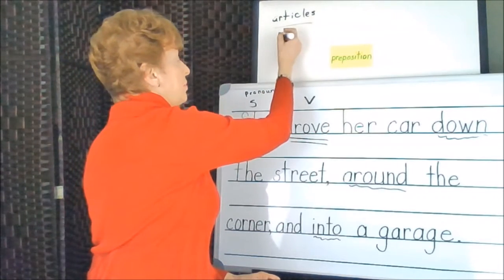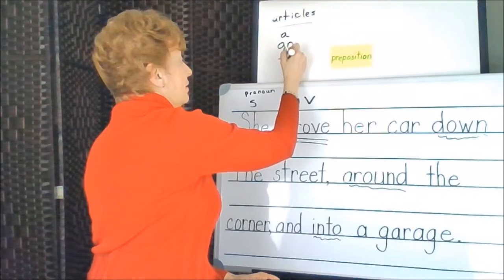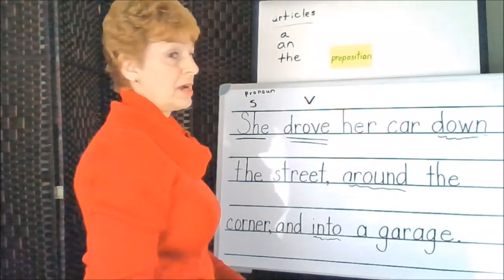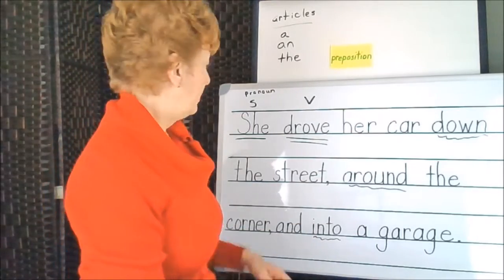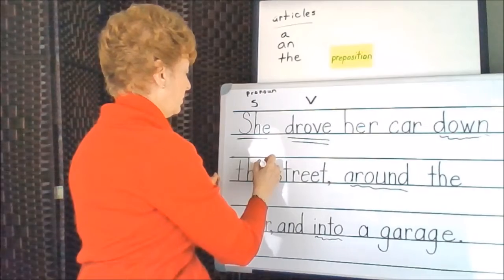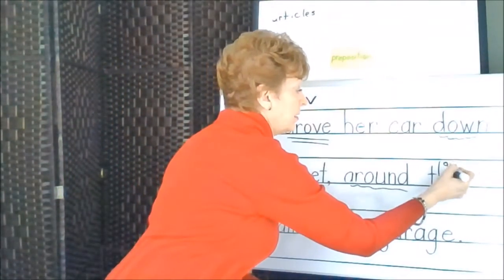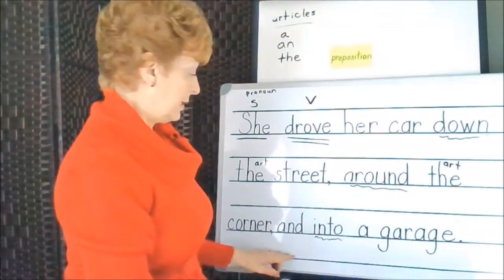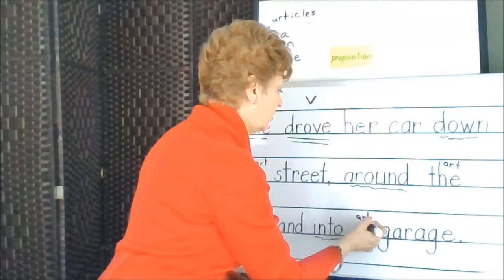And there are only 3 articles: a, an, and the. So these words are very easy to find in a sentence, and this one has several. She drove her car down the street, here's an article, around the corner, another article, and into a garage. We have another article here.